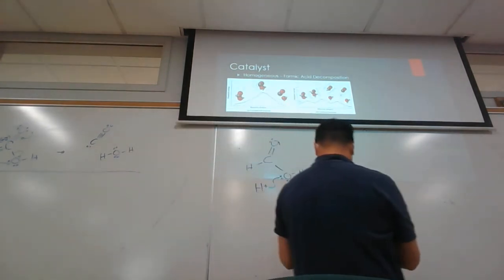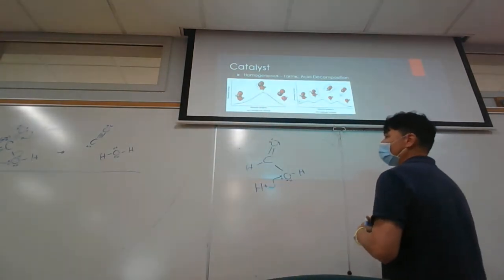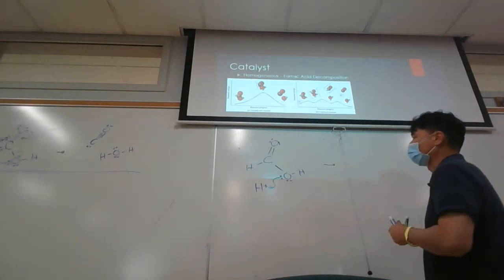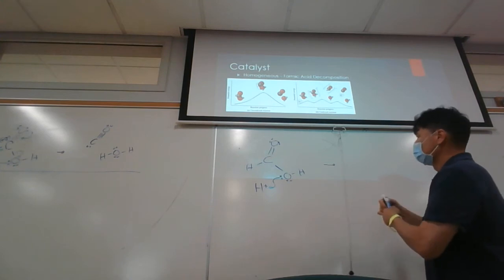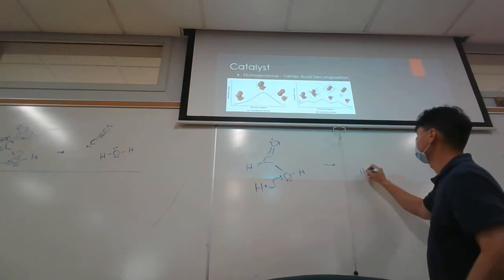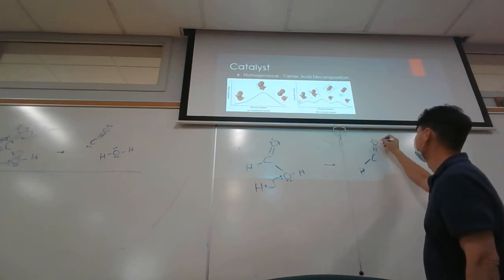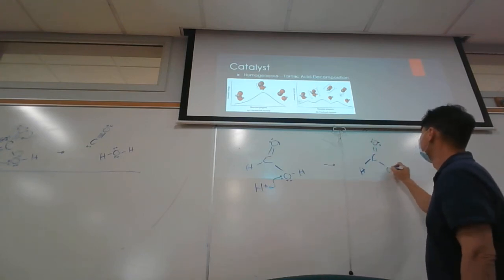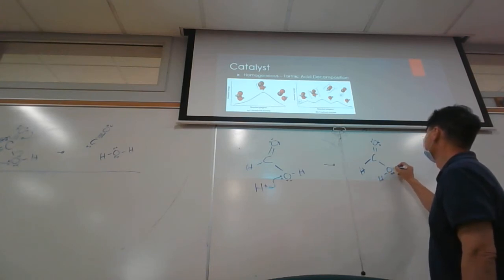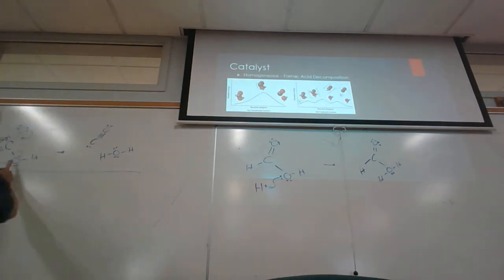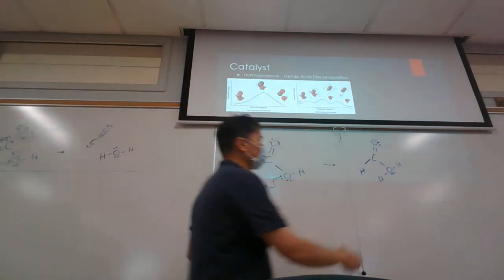And so what does that generate? It's going to generate this. I should have broken that one up into multiple steps as well. But we would have generated this over here. Because if this oxygen plucks off this hydrogen, then we're going to be left with an oxygen with 3 bonds and 1 lone pair.